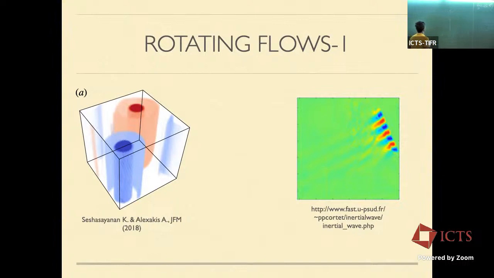When the rotation rate is very large, and you look at time scales and length scales which are also large, so that these two quantities are much smaller than the rotation rate, a dominant balance would lead to 2 omega dot grad u being close to 0, right? So this is the Taylor-Proudman theorem, which you would have seen if you had gone through some basic books on GFD, right?